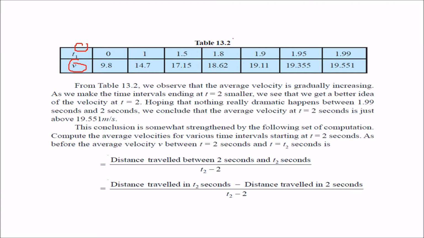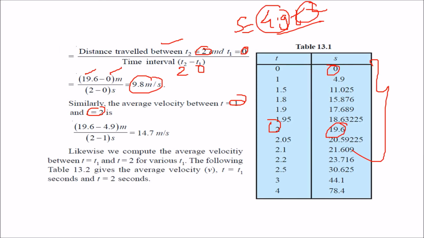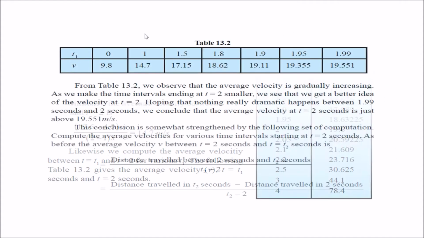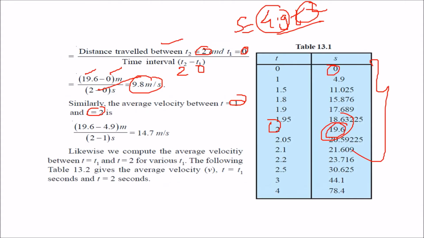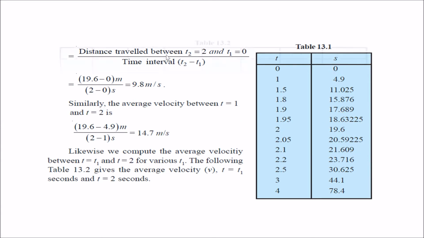But here is a question. From t equal to 2, we just found out the value. What was that? The value 19.6 was the distance traveled, and the velocity, see, at t equal to 2, the velocity was 9.8. Or say t equal to 1 to 2, the velocity was this.